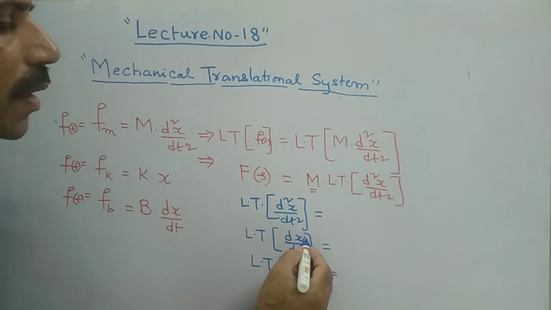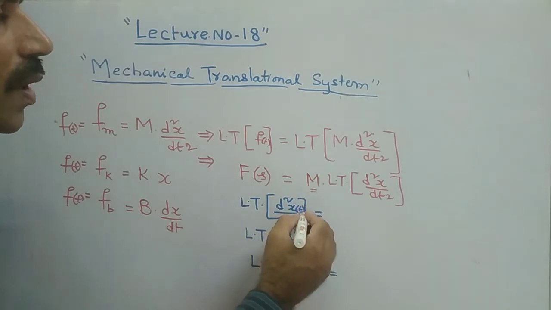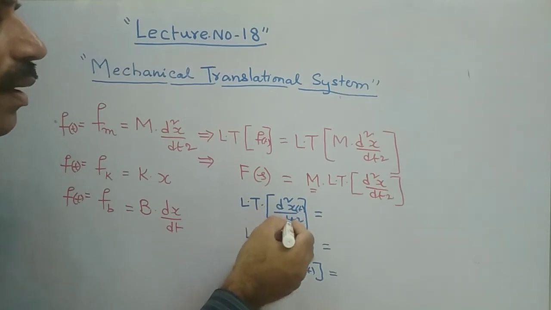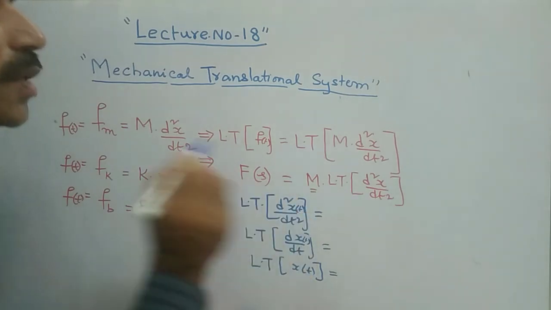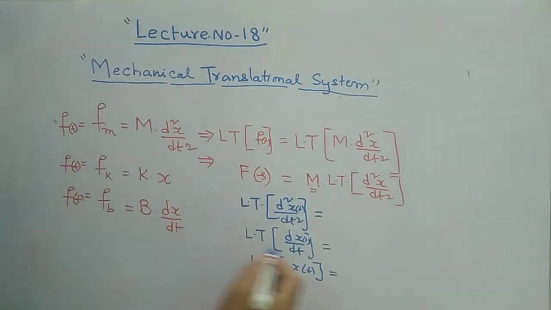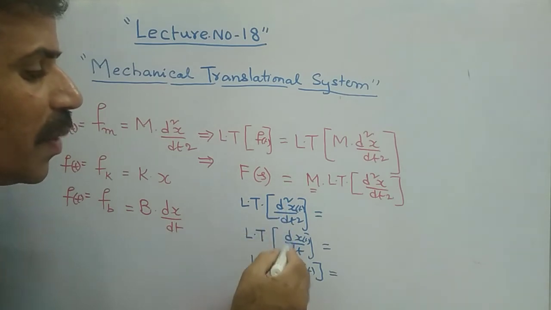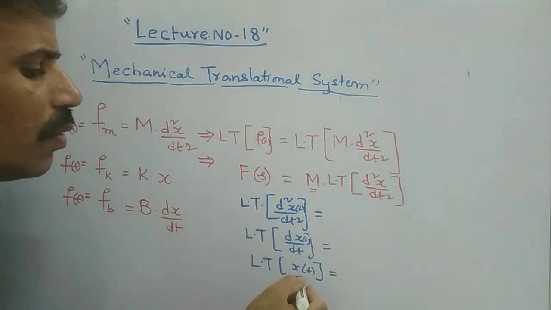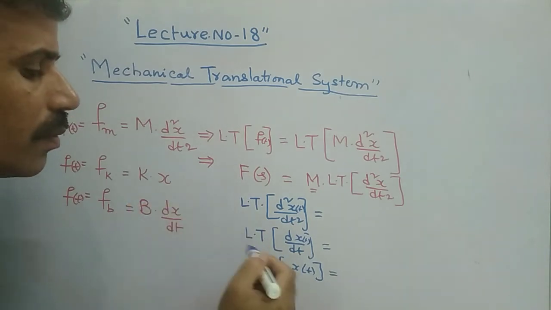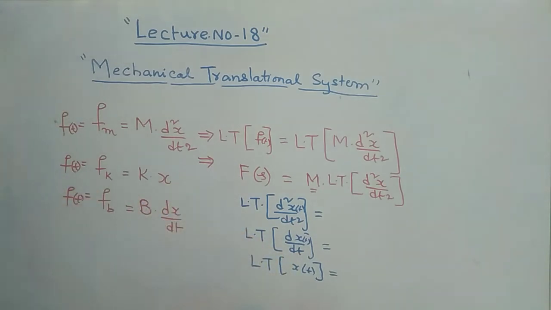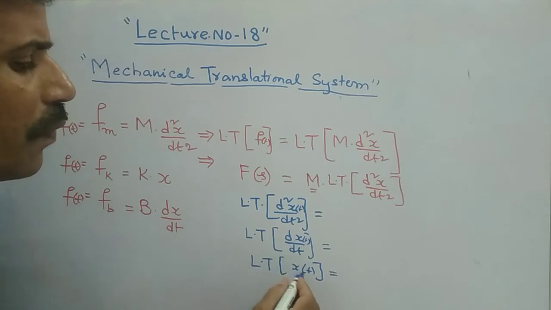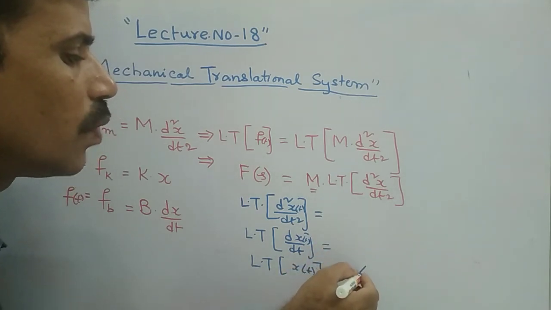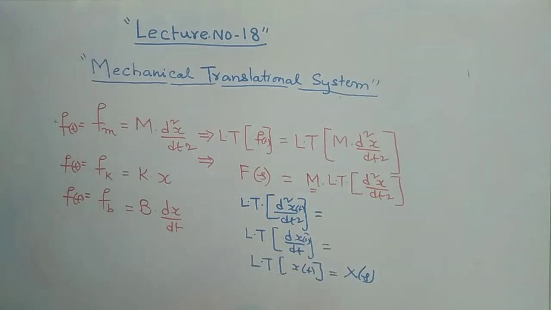This is nothing but x of t in fact. This is L of t of d square x of t by dt square in general. Is it not? There are three elements which I am going to explain, how they will become after application of the Laplace transformation. So L of t of x of t is nothing but x of s. This is x of s directly.